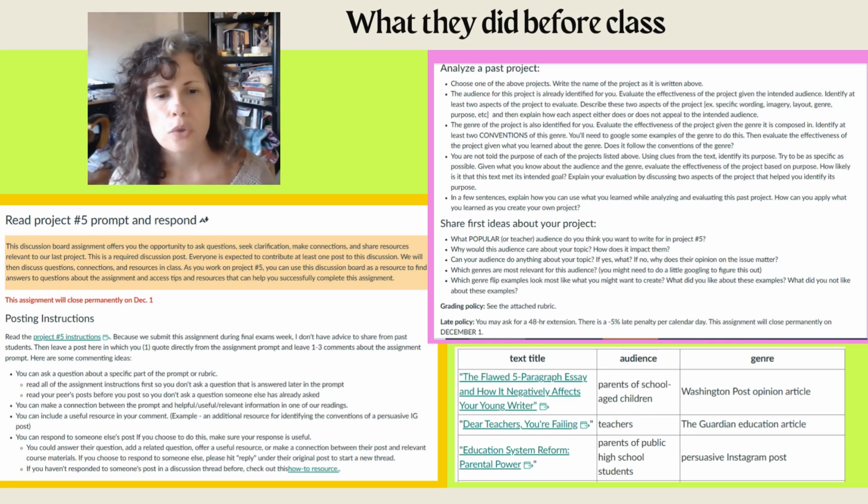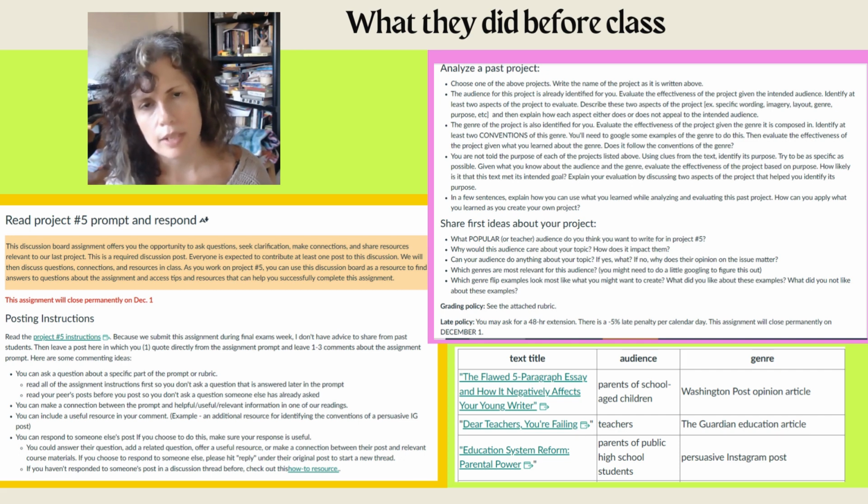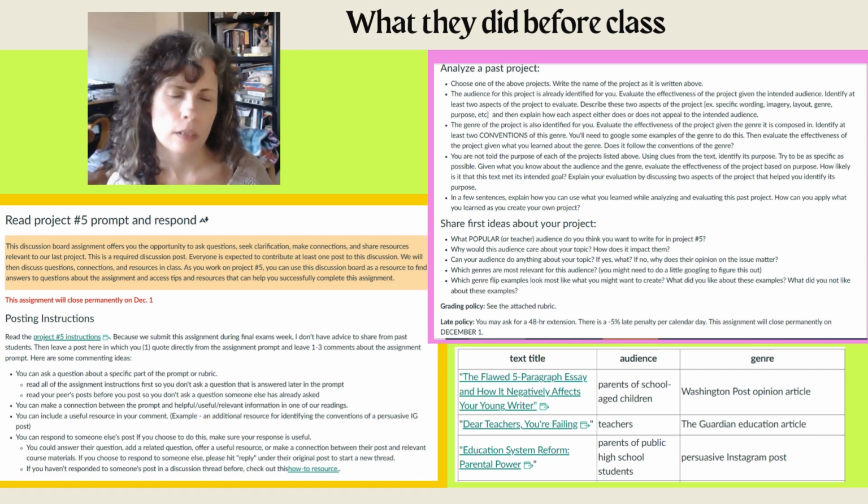I also include the audience and the genre because we're really focusing in this project especially on choosing a specific popular audience, making choices based on that popular audience, and then writing in a genre of their choosing that's appropriate for their audience, their purpose, and their message.